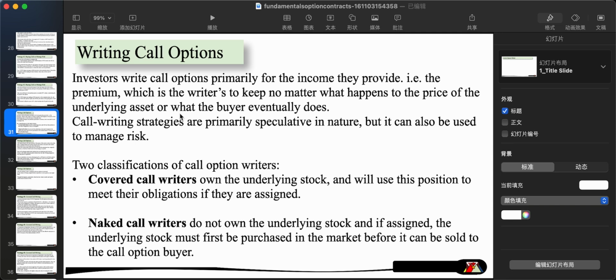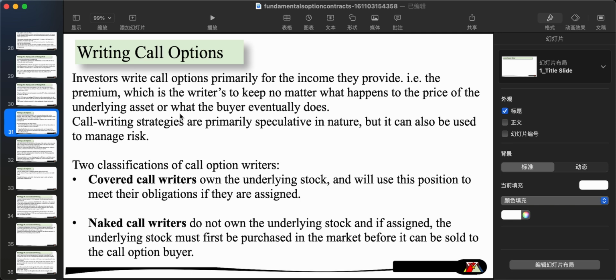So if anything bad happens, say the stock price hits so high, they will have to actually perform their obligation. They have to buy back all these stocks at the market price and bear the losses, because they already own some of the underlying stock. So it means they are partially hedged or fully hedged. They could just give out the stocks that they're holding to the people that are buying the calls from them.